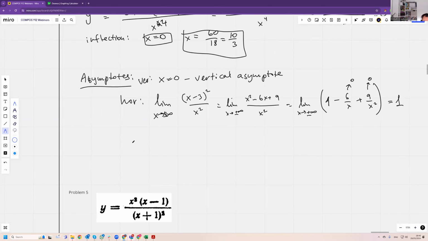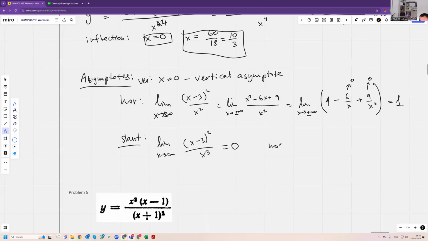Okay, slant asymptote. The limit as x tends to infinity of x minus 3 squared over x cubed, because we divide by x, is clearly 0. You kind of understand that x squared divided by x cubed will lead to 0.